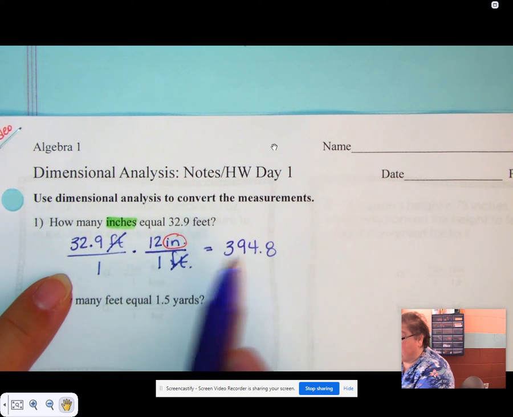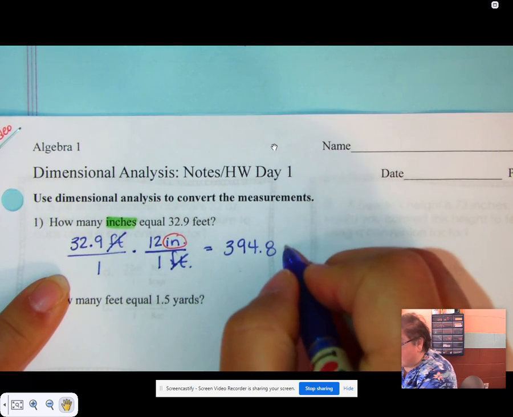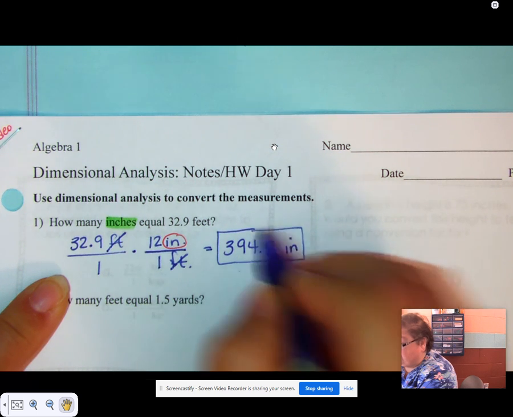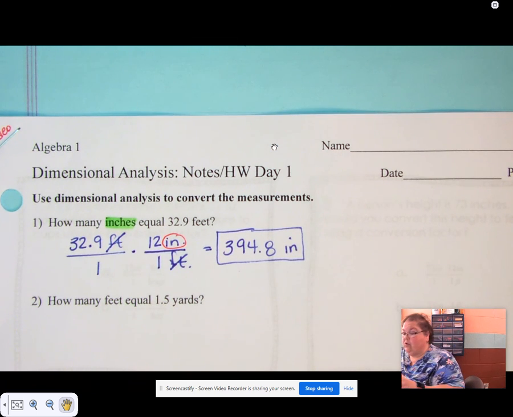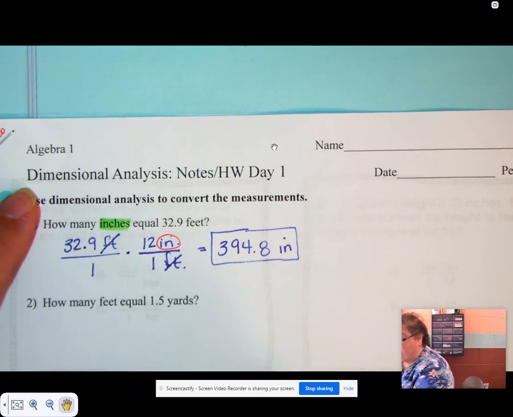Well, 1 times 1 is 1. 394.8 divided by 1 is still 394.8. So this is my final answer. Okay, so I am looking to be able to eliminate measurements to get to where I'm heading to.